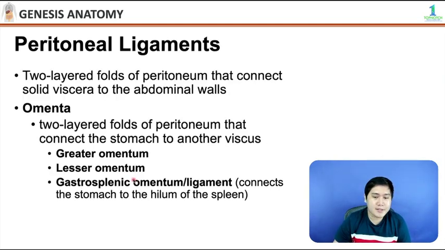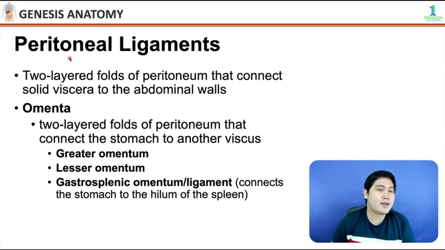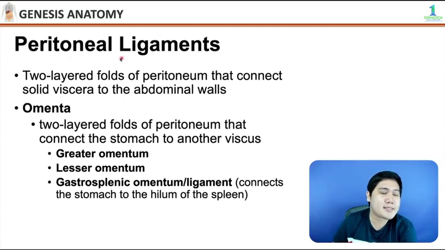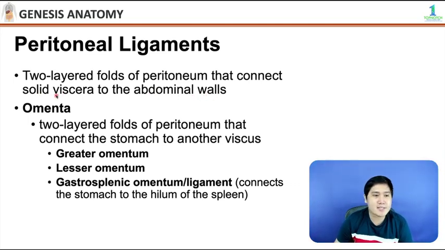So, your peritoneum has several ligaments, the peritoneal ligaments. The peritoneal ligaments are two layered folds of peritoneum that connect a solid viscera to the abdominal wall. And each solid viscera has a different name. Your omenta or omentum: you will name it omentum if it is a fold of peritoneum that connects the stomach to another viscus.